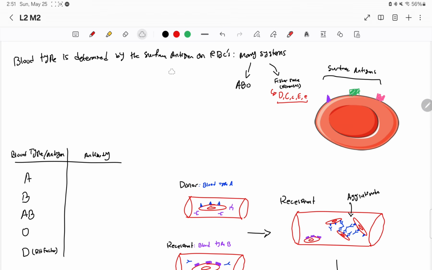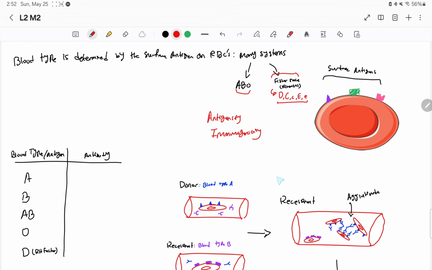Now, there's also another reason why we usually learn more about the ABO and the Fisher-Race system than any of the other systems, and that has to do with their antigenicity, or their immunogenicity. What does this mean? This means that these surface antigens specifically are the ones that can initiate a very strong immune response.